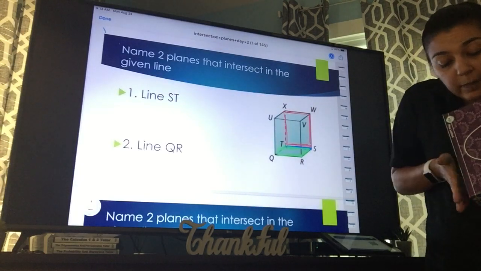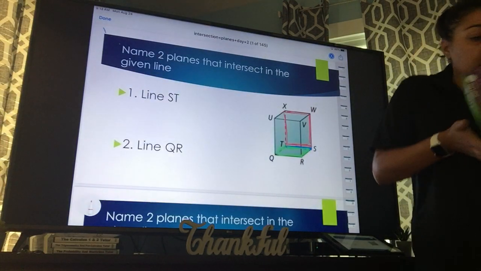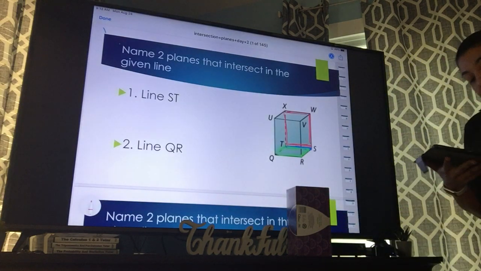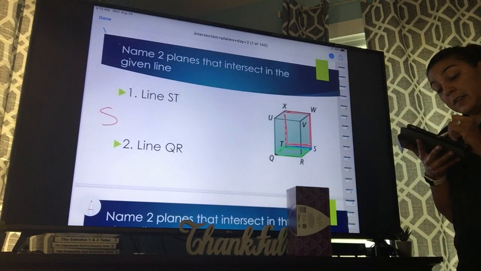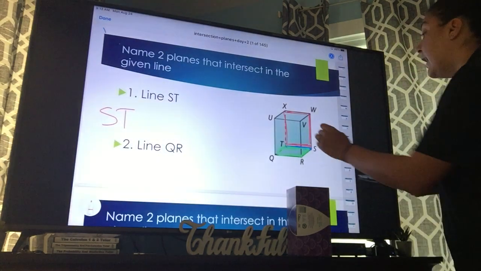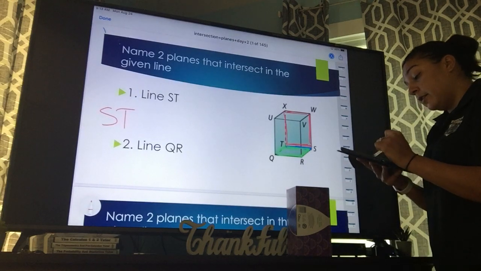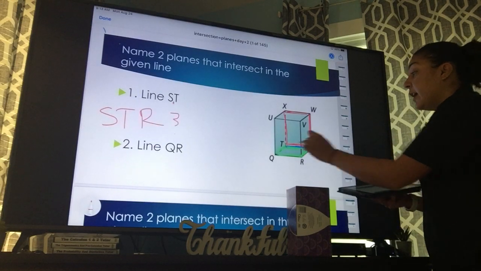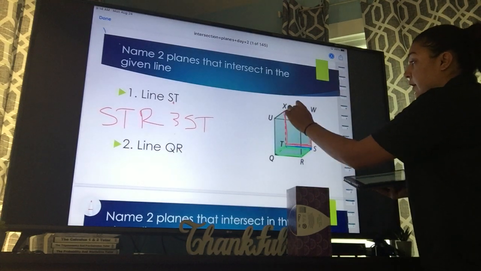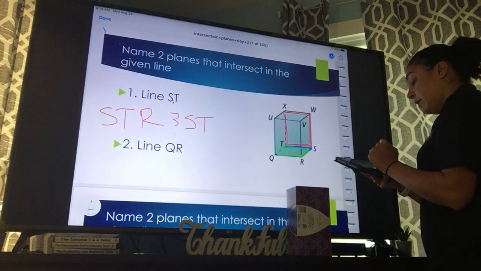The bottom one and the back one are touching, okay? And then it's just a matter of naming them. So, we could say ST, because we know that that's going to be 2 of the points on the plane. STR. And then we got ST, and I need to do one of these back ones. So you can say X or W, it doesn't matter.